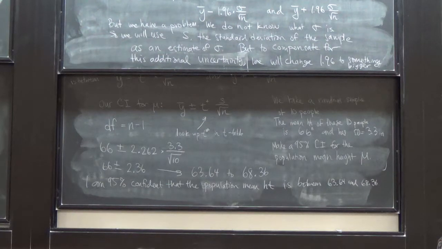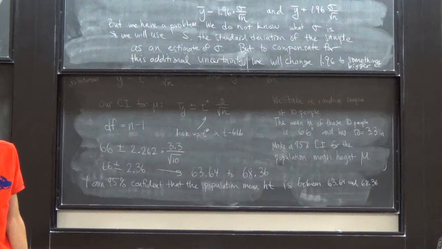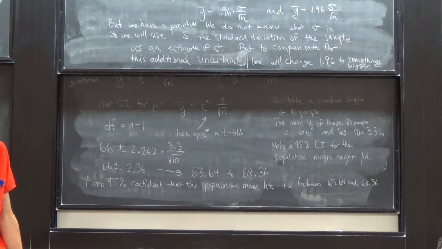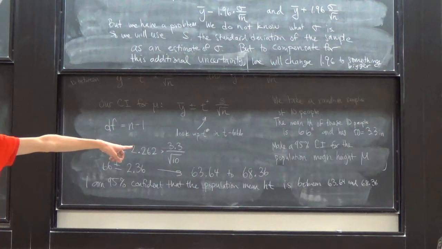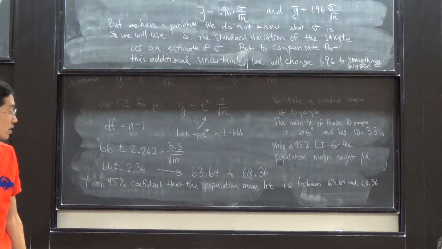Do we have evidence that the mean height is not 67 inches? No. Why not? Because 67 is within my interval. Okay? But if I said, do we have evidence that the mean is not 69 inches?